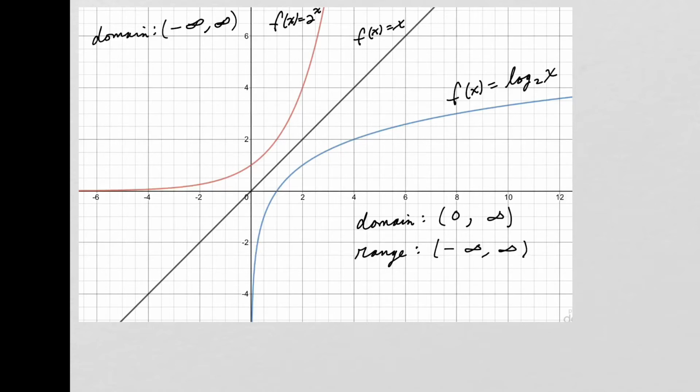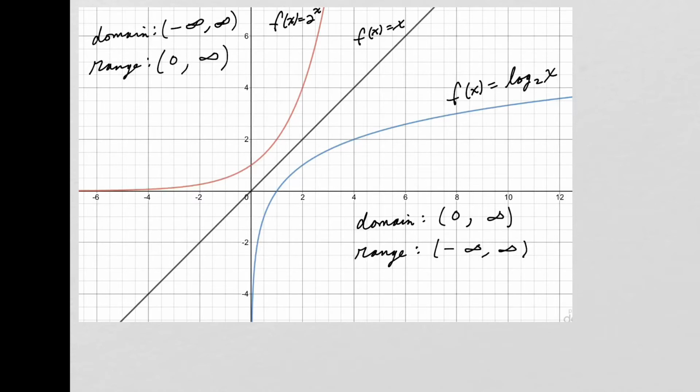And then the range is going to be the domain of the log. So it goes from 0 to positive infinity. Again, we can see that because the exponential approaches 0 but never quite reaches 0. So it goes from 0 but not including 0, and then it can go all the way up. The output can always be up all the way to positive infinity. It can grow without bound. And again, that's because those two functions are inverses of one another.